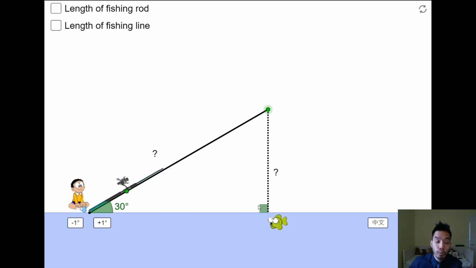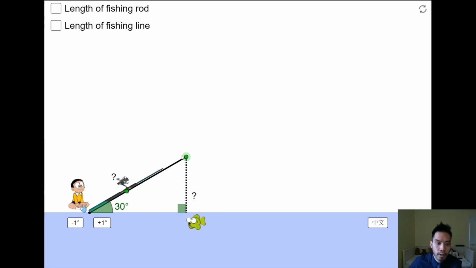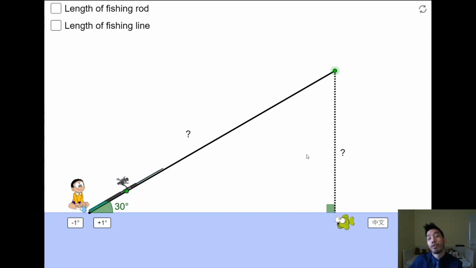So the ratio that we're working with in this situation is sine. I'm going to define it for you right now. Sine relates this angle with the ratio of opposite over hypotenuse. Okay, so I want you to take a guess here as to what's happening. I'm going to keep this angle 30 degrees, and let's call this triangle A, triangle B, and triangle C. I'm going to ask you a very important question.